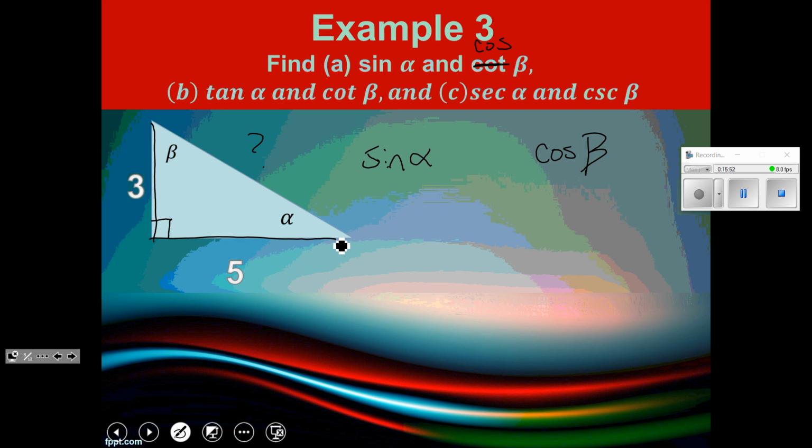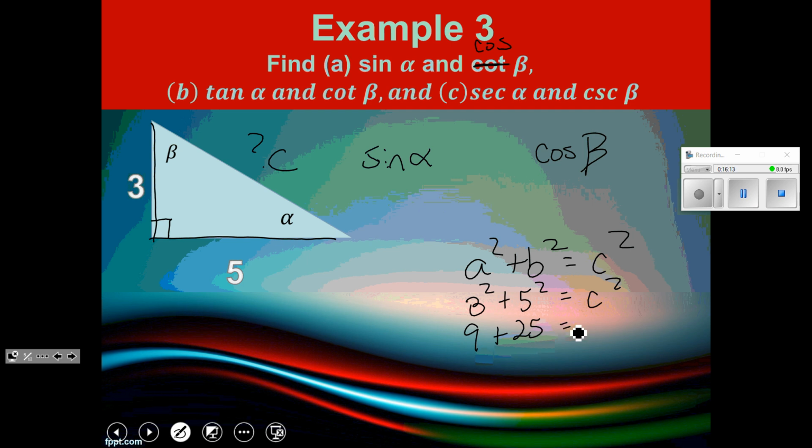So when I plug in to A squared plus B squared is equal to C squared, I'm going to do 3 squared plus 5 squared is equal to C squared. Because the C has to be the hypotenuse. Always? Yes, always. Okay? So 3 squared is 9. 5 squared is 25. C squared. So this is going to make 34.